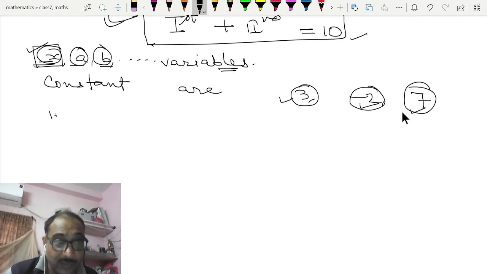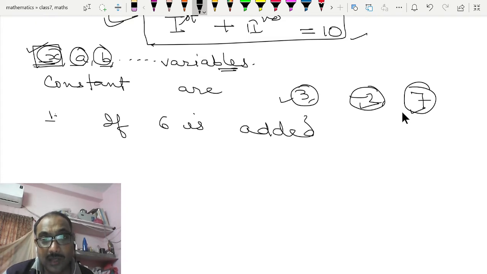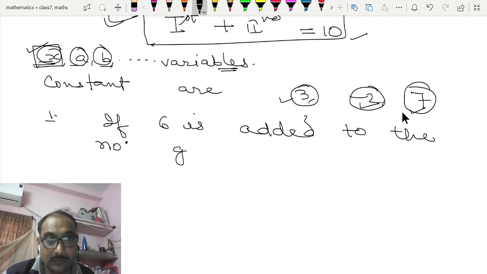See, the very first question: if 6 is added to a number, it gives 40.